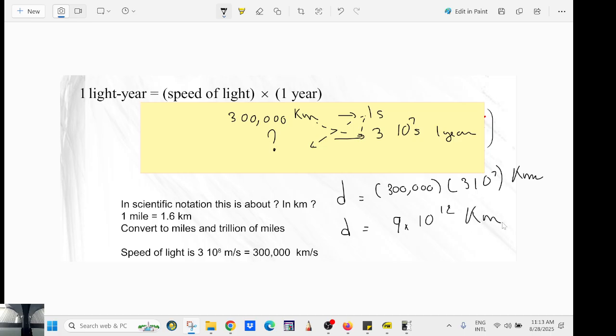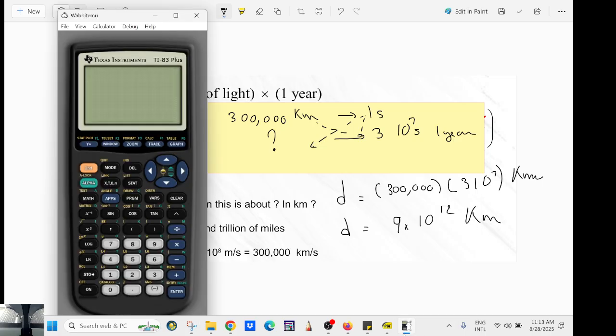Now, I can do it with the TI, okay? You can do 300, 1, 2, 3, and multiply by 3 times 10 to the 7. I like parentheses, so I make sure I'm not making any mistake.